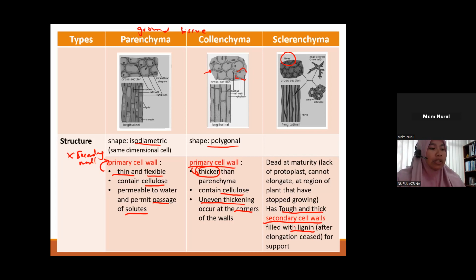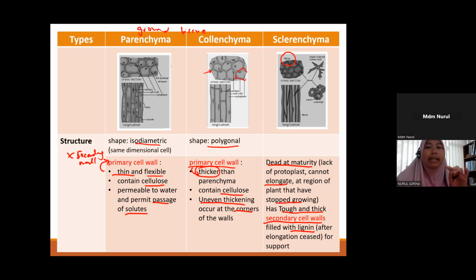Sclerenchyma cells are dead at maturity. Dead at maturity means they lack a protoplast, thus they can no longer elongate. Since the plant cannot elongate any longer, the secondary wall strengthened with lignin helps to support the structure of the plant, especially at plant parts that have stopped lengthening or growing.